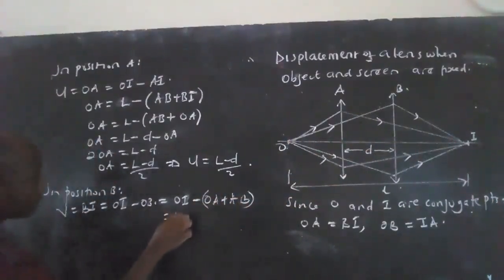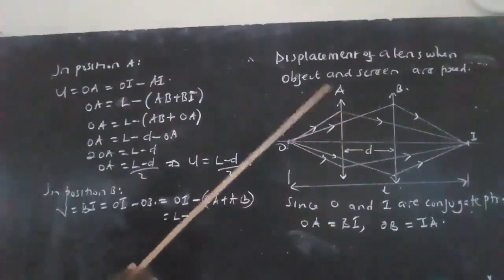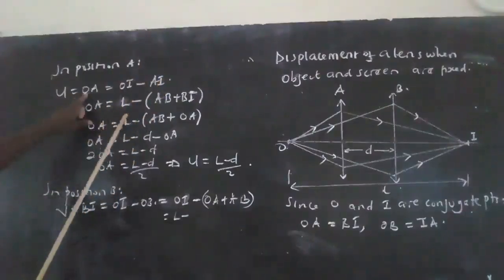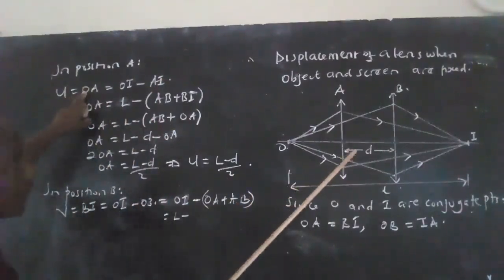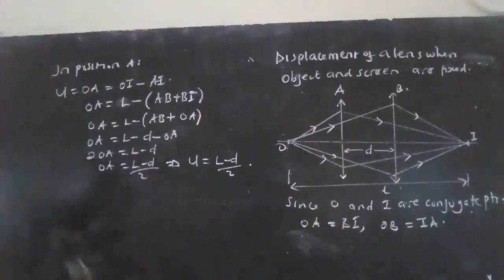So this will become L minus. We already have OA. What is our OA? Our OA is same as U. So we are saying that our V, oh sorry, we made a mistake here.